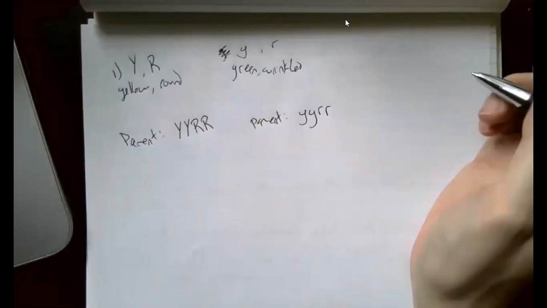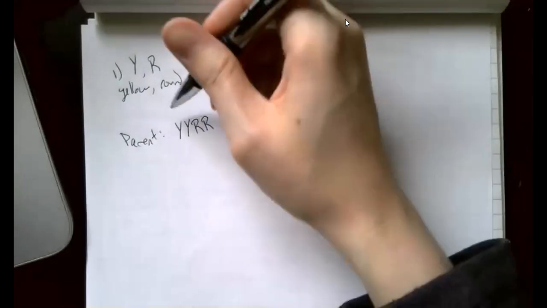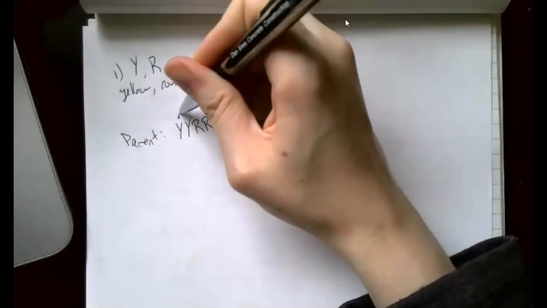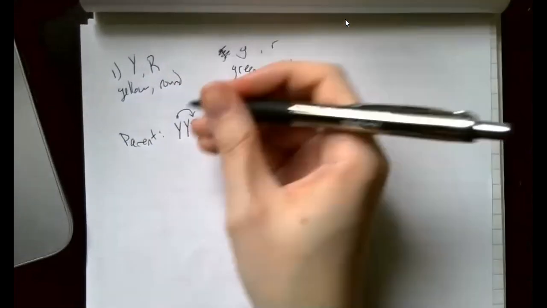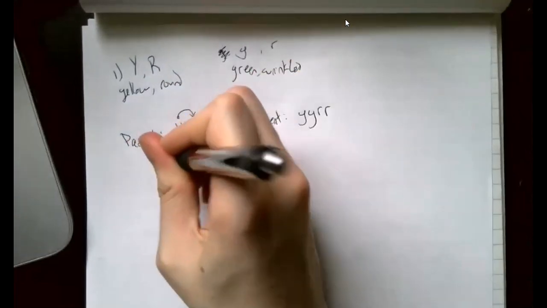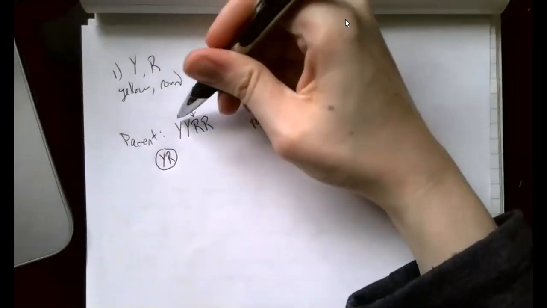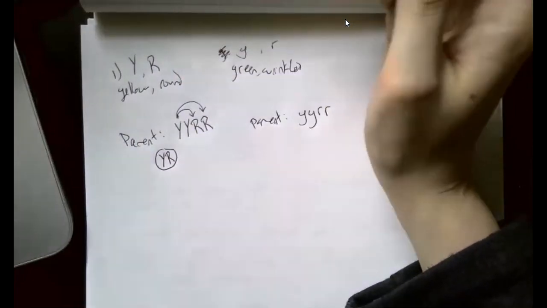Okay, then to find their gametes, we FOIL. So when you're FOILing, you start with the first letter and go to the first letter of the next gene. So that's going to be YR. Then I go back to that first letter and bring it to the second letter of the first gene.